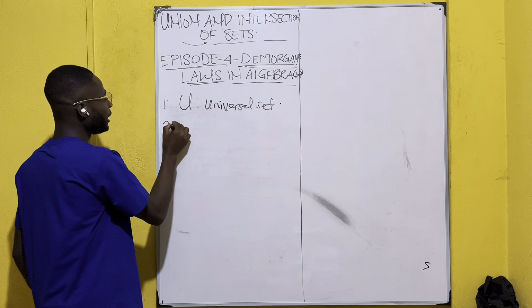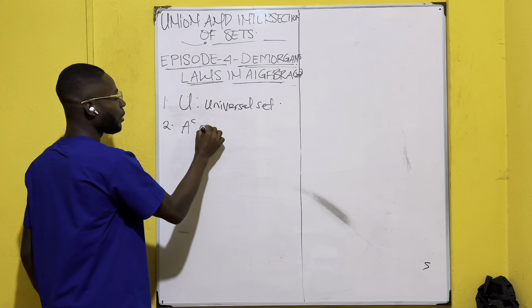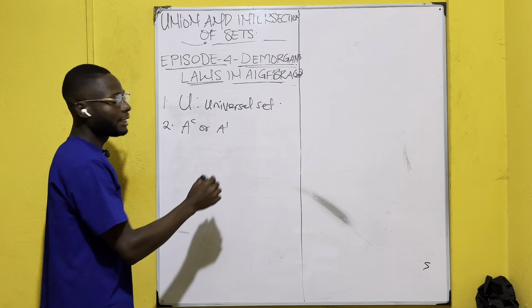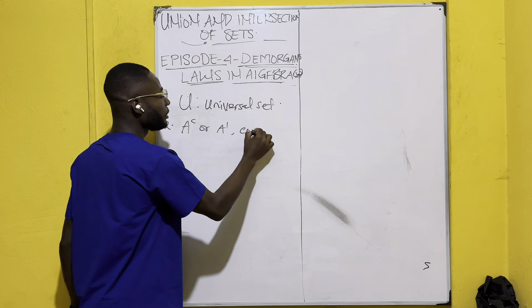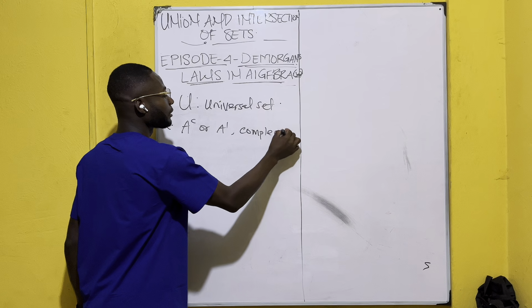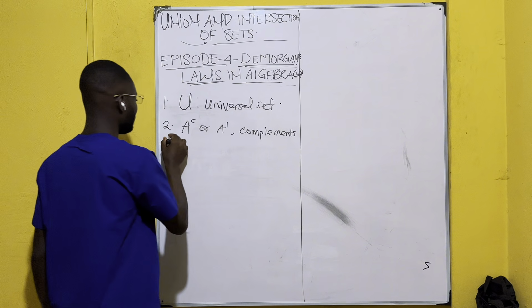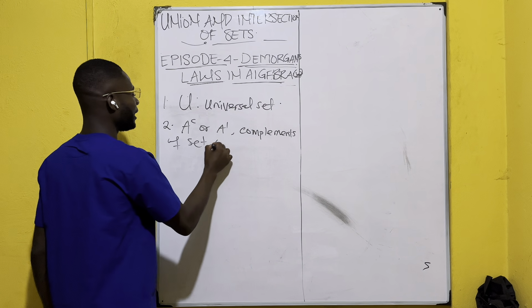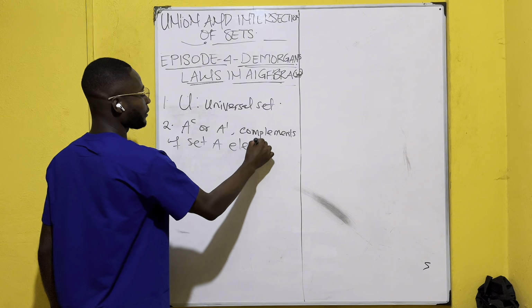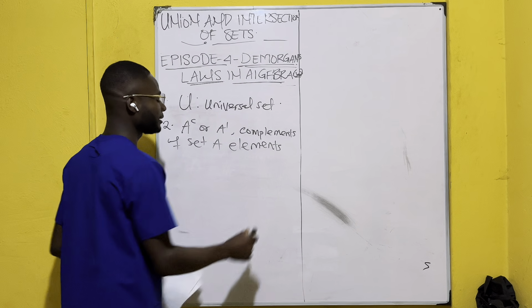Second, if you see A complement or A prime, it means the complement of set A, the elements of the universal set that are not in A.